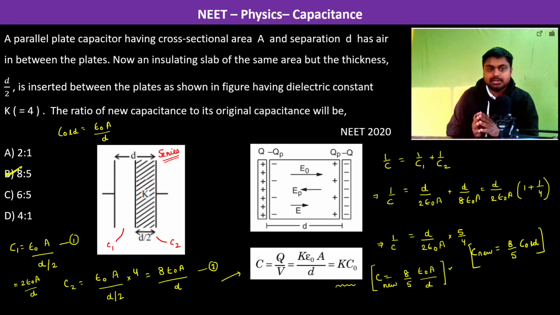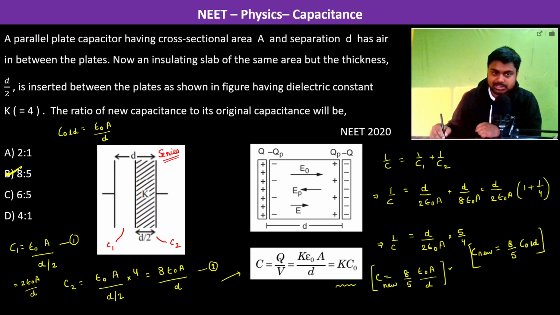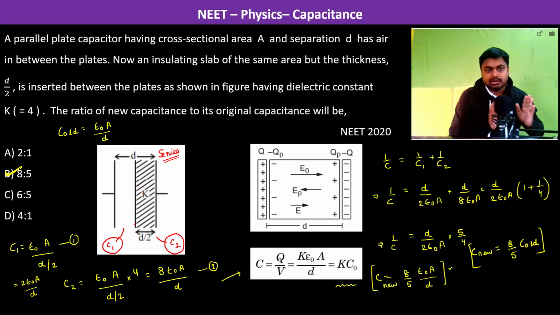Again I repeat, what we did was we treated this capacitor as a combination of two capacitors, C1 and C2. C1 is the capacitance of the half of the entire capacitor which is not filled with dielectric.